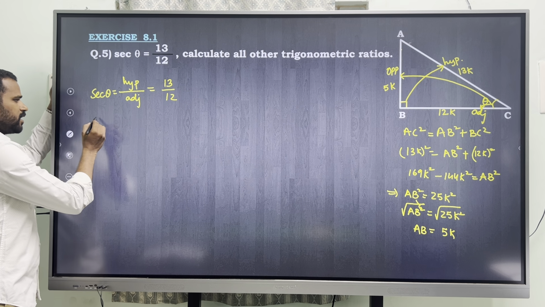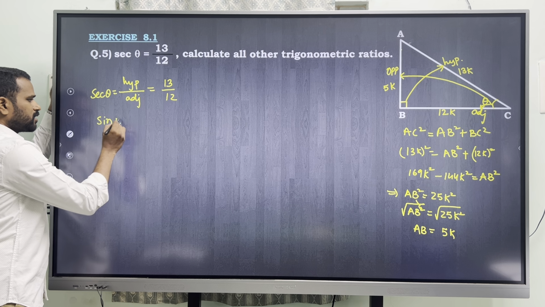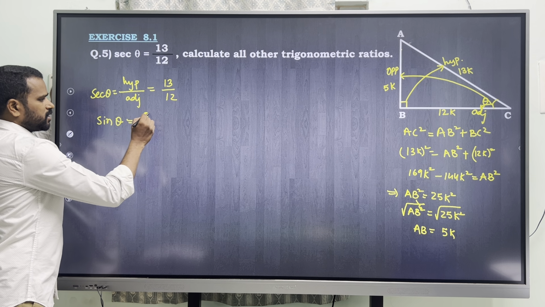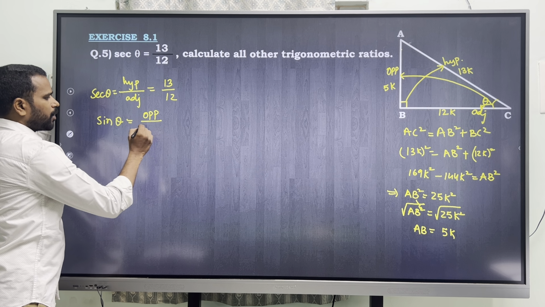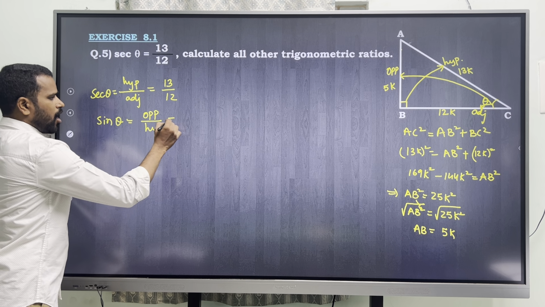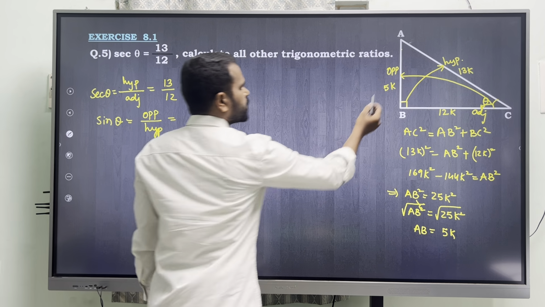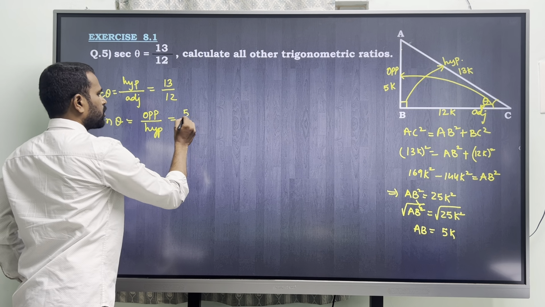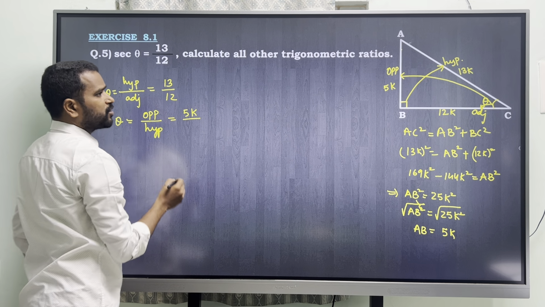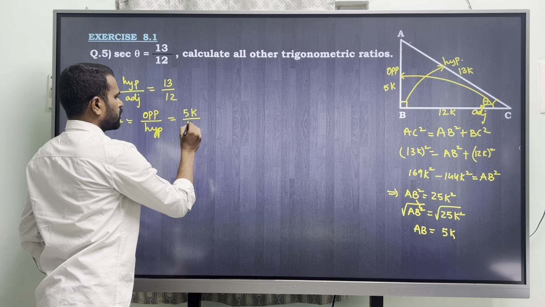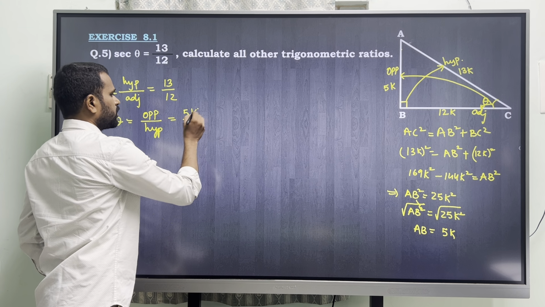Let us start from sine theta. Sine theta definition is opposite upon hypotenuse. What is the opposite side? See here, opposite side is 5k upon the hypotenuse, which is 13k.